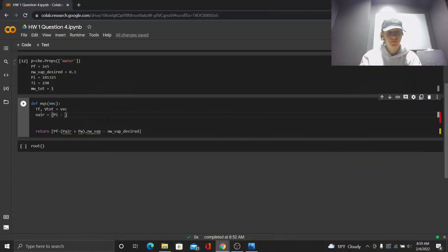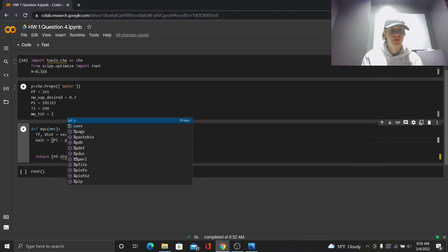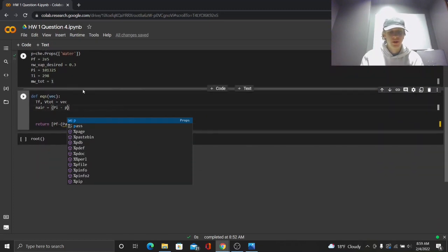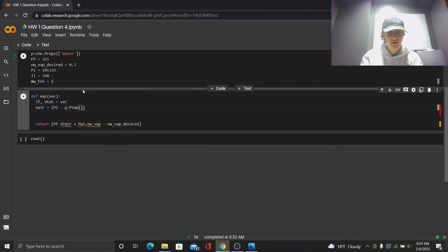So we can use our CHE tools and get the vapor pressure at the initial temperature.